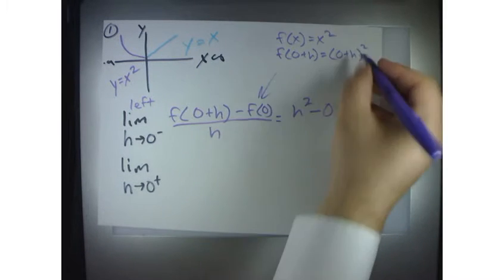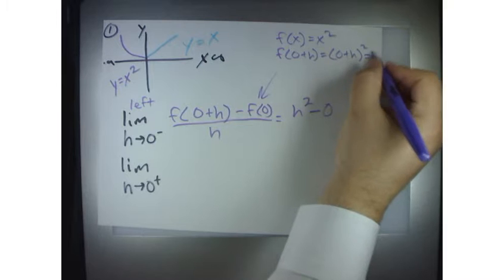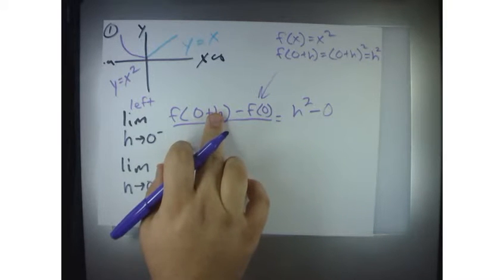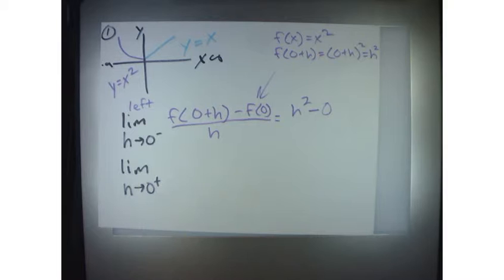Well, what's 0 plus h? Just h, squared. All she's asking is if there should be a squared. There should be: y equals x squared, you're putting 0 plus h in for x. So the function is now 0 plus h squared. 0 plus h is h.